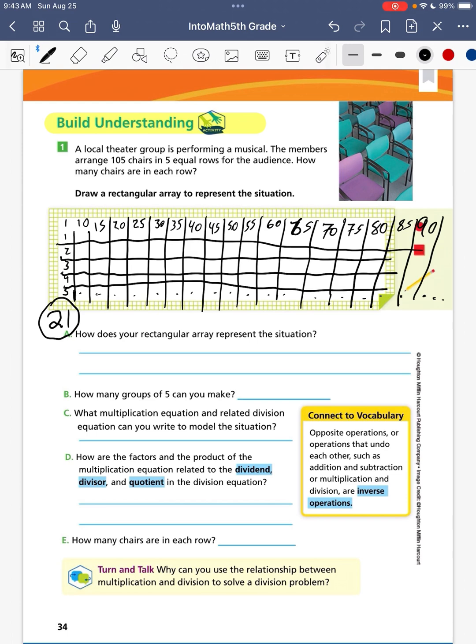Our rectangular array represents the dividend of 105 and the divisor of 5 chairs per row.